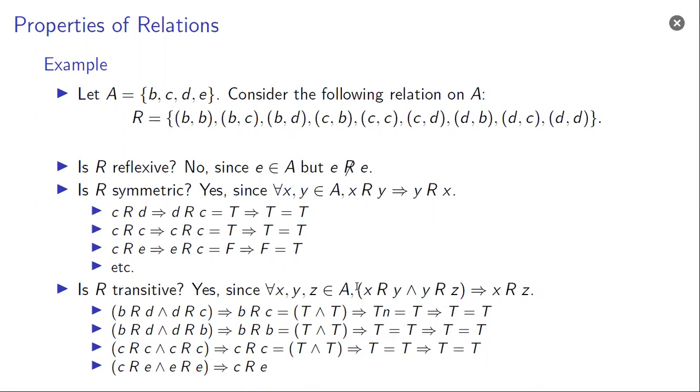In other words, I'm claiming that for every possible value of X, Y, and Z, if X is related to Y and Y is related to Z, then X is related to Z. So we want this to be true. Is it true though? C is related to E. Is that true by itself? Is C related to E? No, there is no pair C comma E. How about E comma E? Sorry, actually, this is true. E comma E is true.